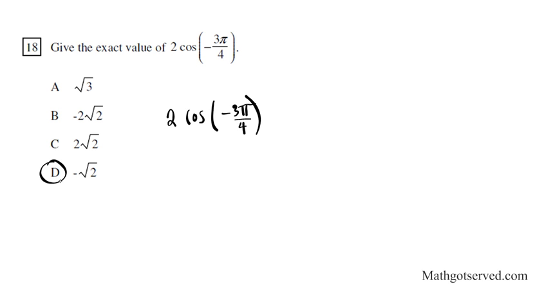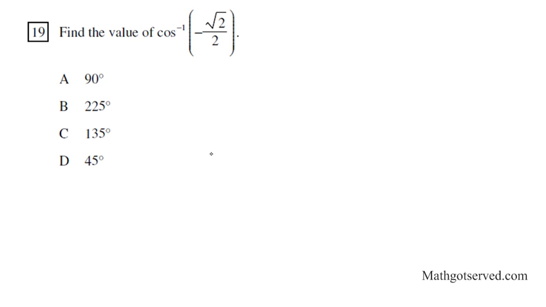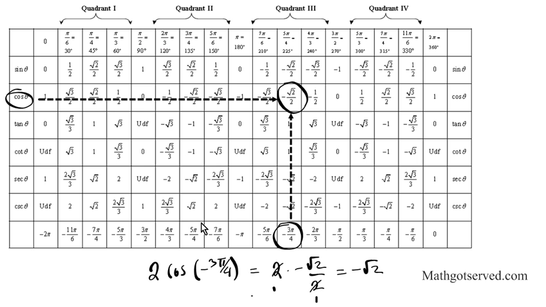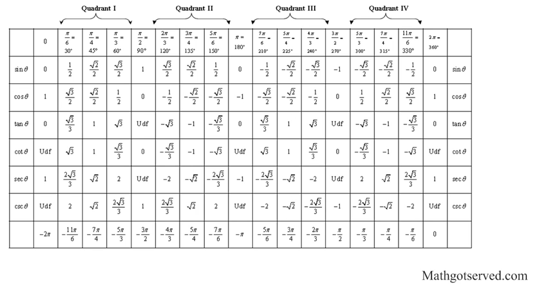All right, okay, moving right along to question 19. Find the value of the inverse cosine of negative root 2 over 2. So let's go back to our table here. So we're looking for the inverse cosine of negative root 2 over 2.